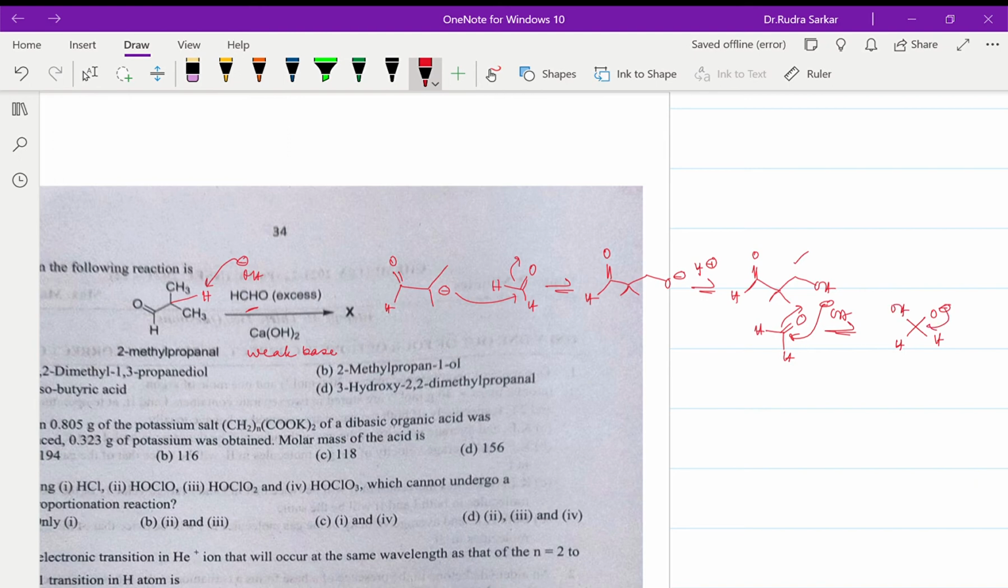This will come back, so this will now make a nucleophilic attack on this particular carbon, that will open up.